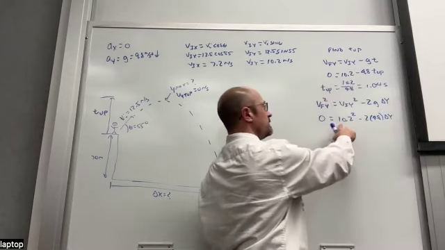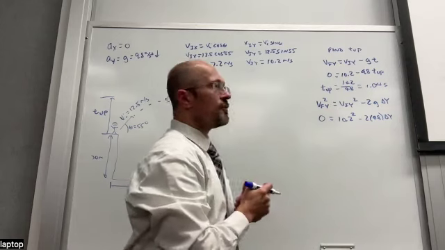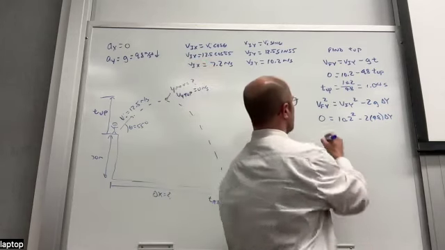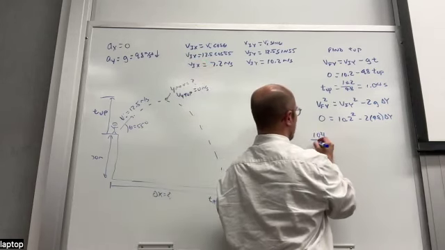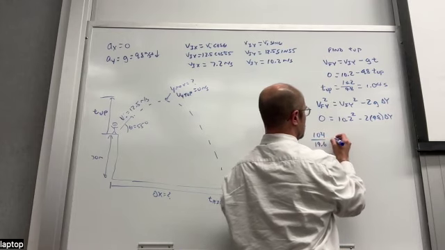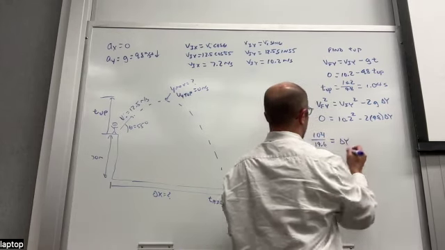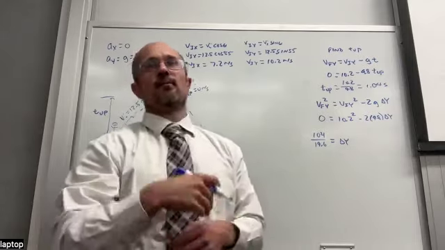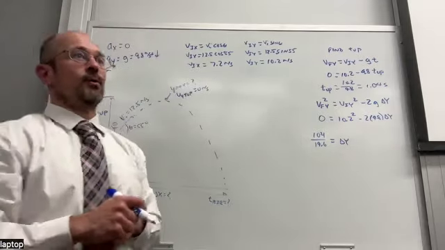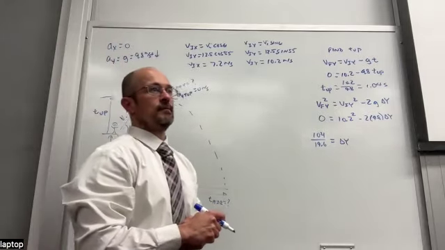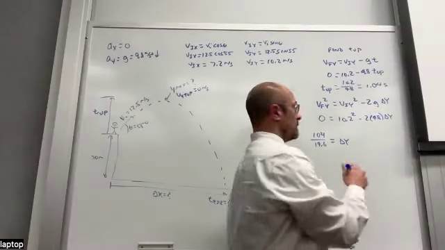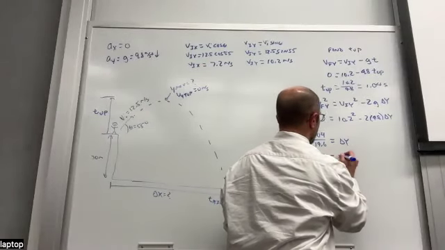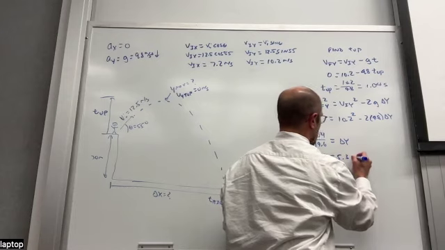So we square this, which is like 104. And then 104 divided by 19.6 is equal to delta y. So that's a little bit above 5, 5.3. So delta y is 5.3.